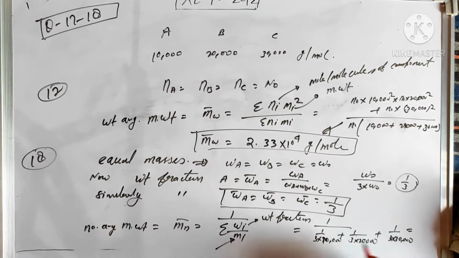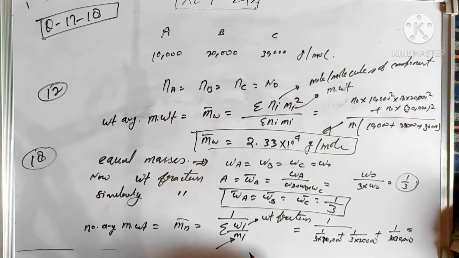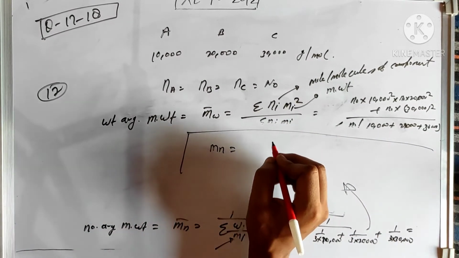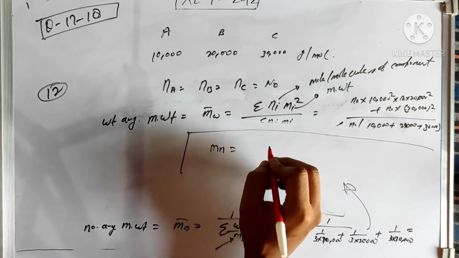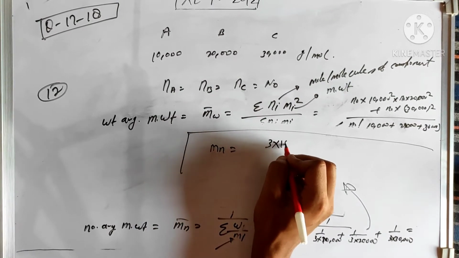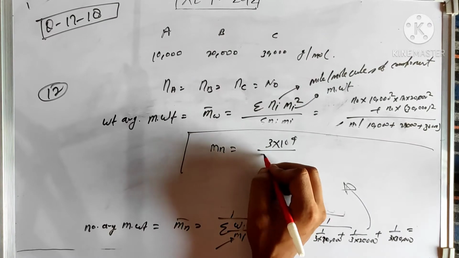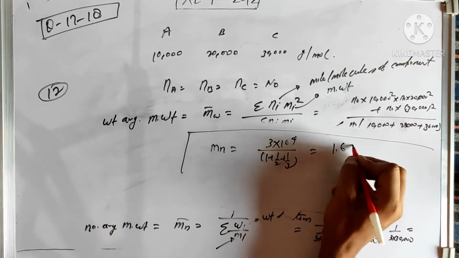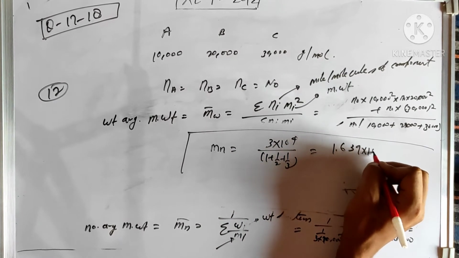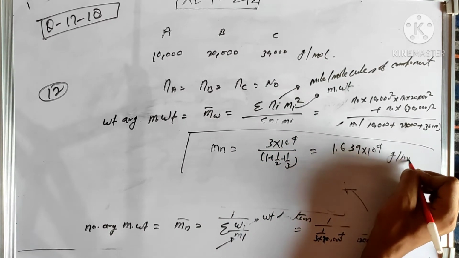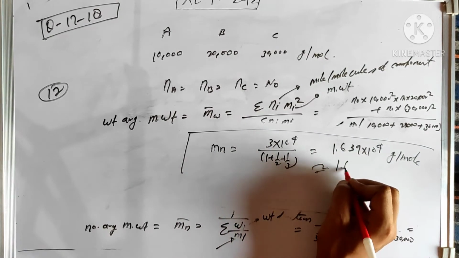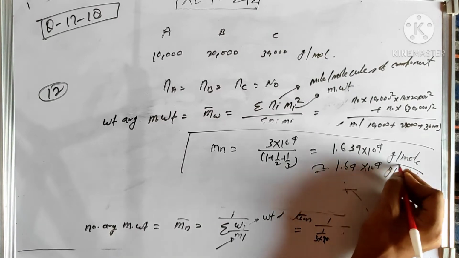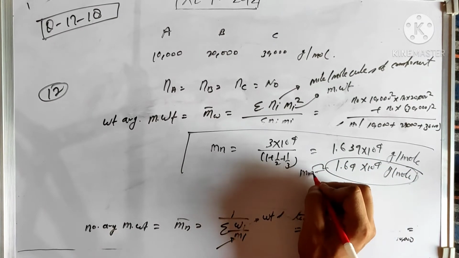Then you get the number average molecular weight Mn is equal to 3 into 10 power 4 divided by 1 plus 1 by 2 plus 1 by 3, which is equal to 1.639 into 10 power 4 gram per mole, approximately 1.64 into 10 power 4 gram per mole. This is the answer, option A.